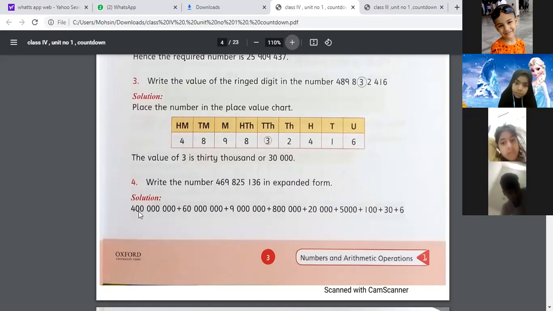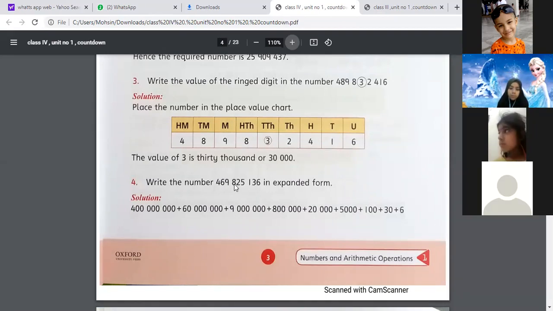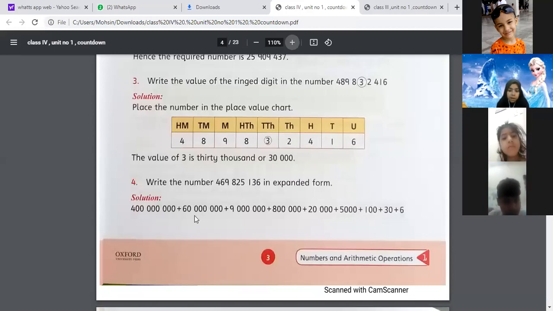Okay. If I count how many zeros I write here, 1, 2, 3, 4, 5, 6, 7, 8. You can see after 4, we have 8 numbers, so we write 8 zeros after it. We will do the same with the 6. After 6, how many digits do we have? We write the same number of zeros as the digits that come after it.